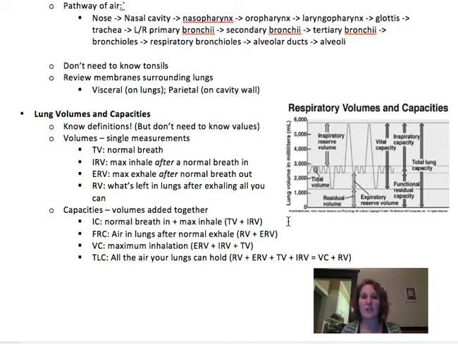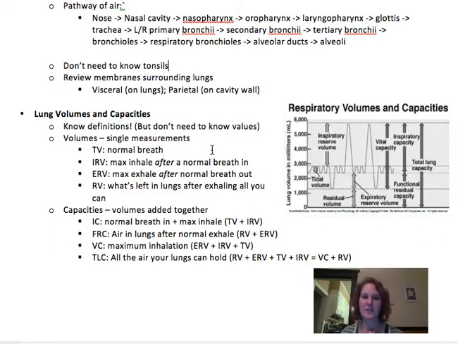So your tidal volume is just normal in and out, but your total lung capacity is your tidal volume plus this, plus that, plus that. So capacities are always additions of more than one volume. You need to know the definitions for the different volumes, but you don't actually have to know the values. So how much is in this volume, that kind of thing. This chart can help you, but you don't have to know it.